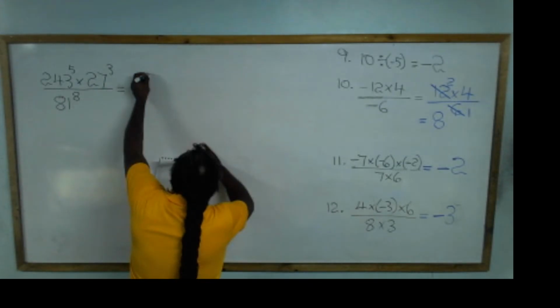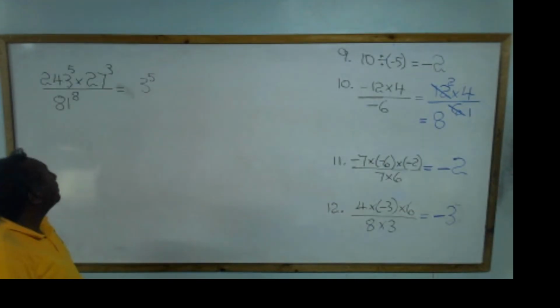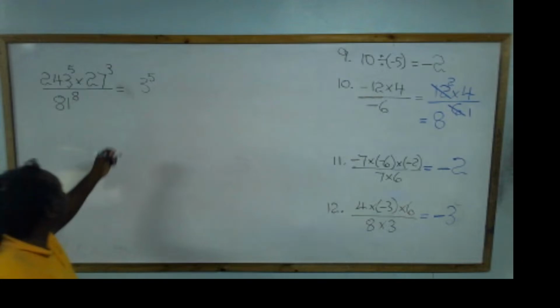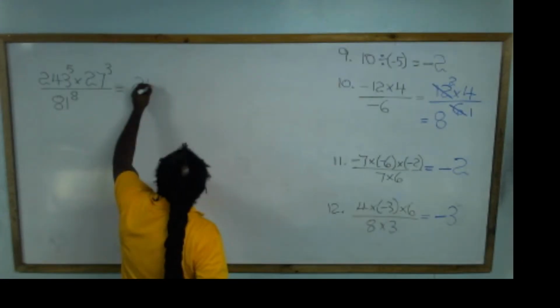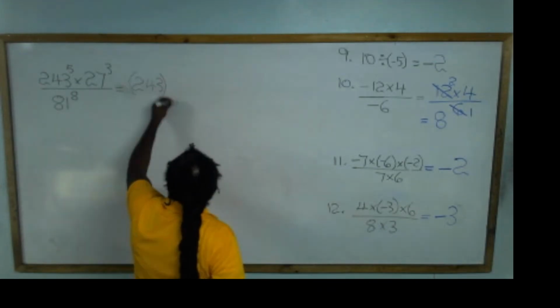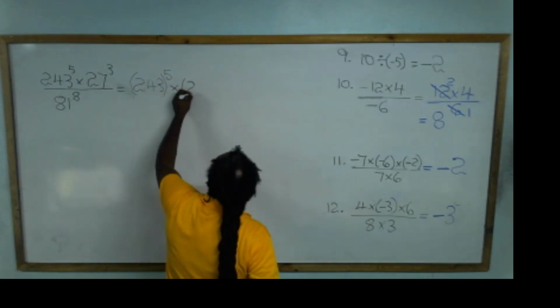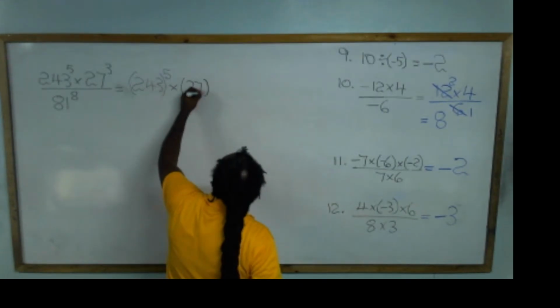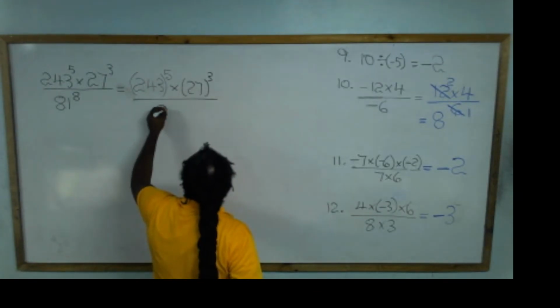That's 243. Or if you wish, we can write it back. 243, put it in brackets, to the power of 5 times 27 to the power of 3 over 81 to the power of 8.